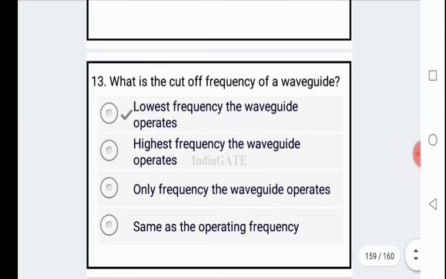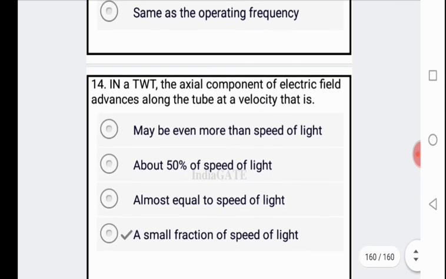Next question. What is the cutoff frequency of the waveguide? The correct answer is option A, the lowest frequency the waveguide operates. Next question. In a TWT, the axial component of electric field advances along the tube at a velocity that is a small fraction of the speed of light. Option D is correct.